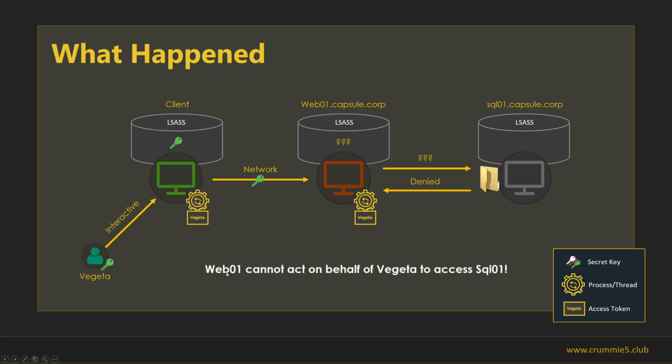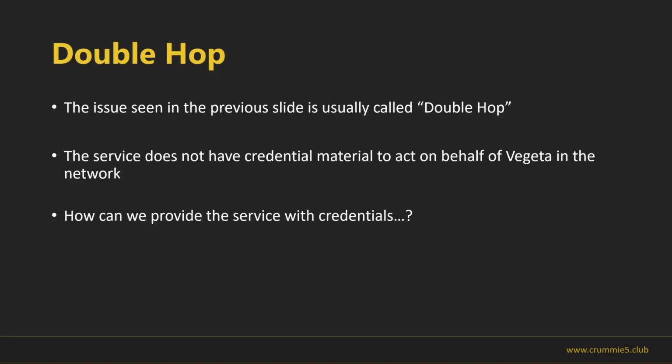Because Web01 cannot act on behalf of Vegeta if it doesn't have any credential material that belongs to Vegeta. So this is what is commonly referred to as double hop. Because the service doesn't have credential material of Vegeta, it can't access SQL01.